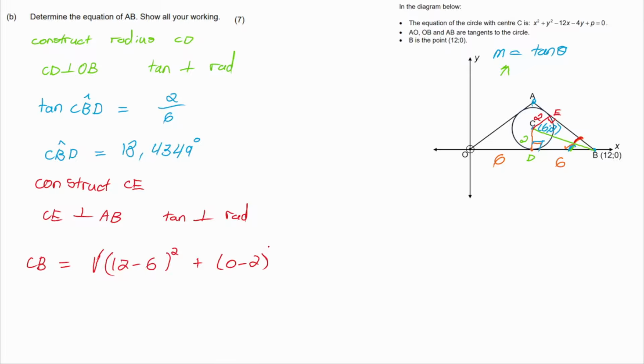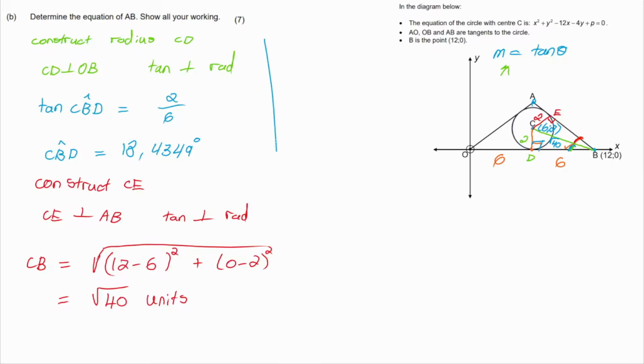So this is 6 squared plus 2 squared, which is 36 plus 4. So that is the square root of 40, so square root 40 units. So I know what CB is now over there. I'm going to squish it in, square root 40.